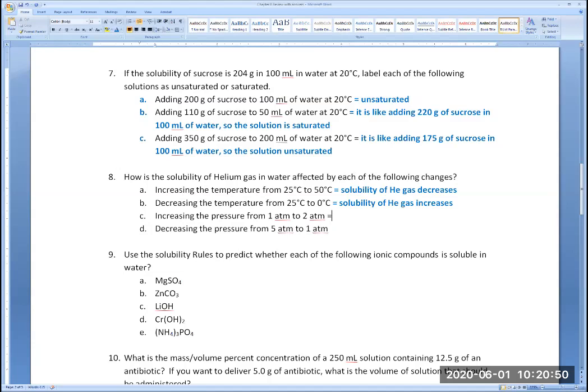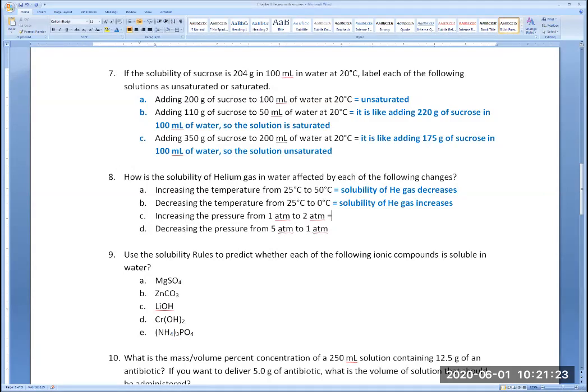Another thing about the solubility of gases is that it depends on pressure, which is not the case for solids. Solids don't depend on pressure. The solubility will not be affected by the pressure. But for gases, we saw in chapter 7 how they can be compressed or expand, so pressure is important for gases.